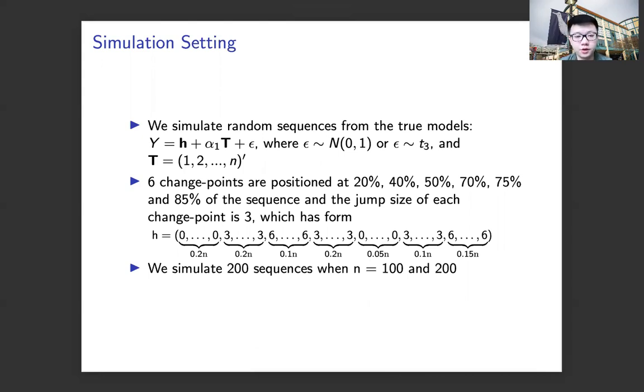And the jump size of each change point is 3, which has this form. So we basically use the edge to add some abrupt mean shift to the data series. And the job is to find the position of the abrupt shift, which is the change point. We simulate 200 sequences when n equals 100 and 200.